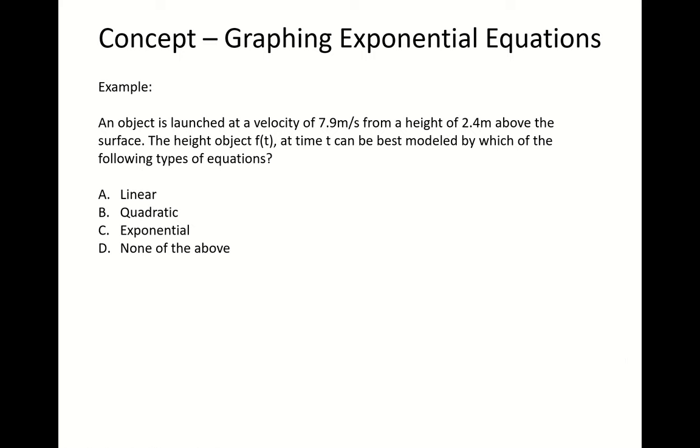An object is launched at a velocity of 7.9 meters per second from a height of 2.4 meters above the surface. The height of the object, f of t, at time t can best be modeled by which of the following types of equations? If you can just go ahead and enter into the chat what you think the answer is.